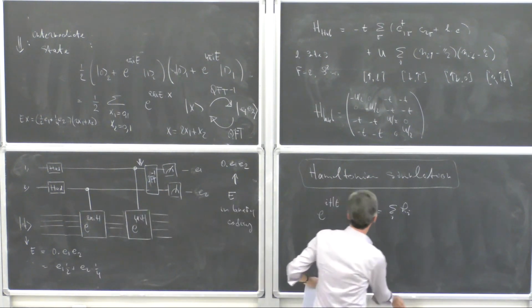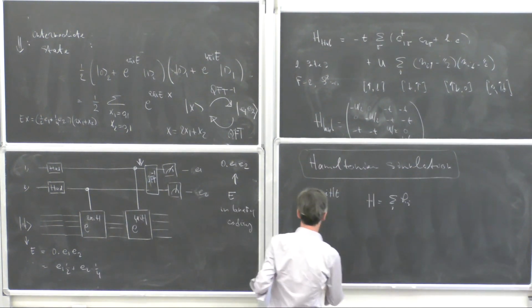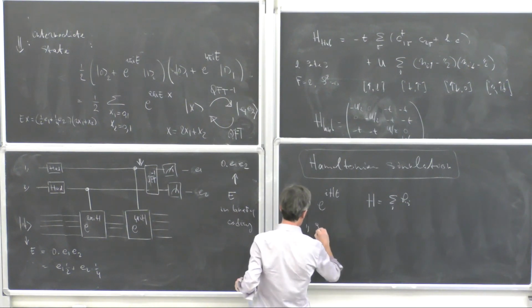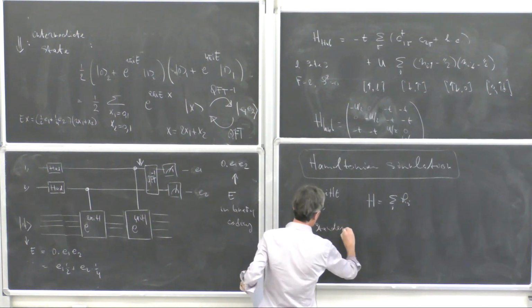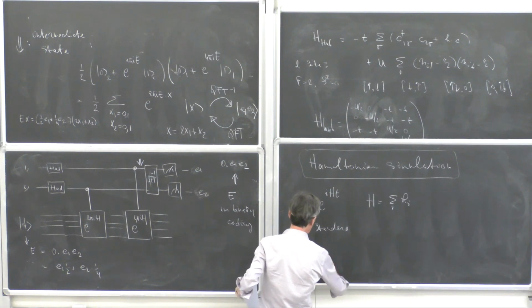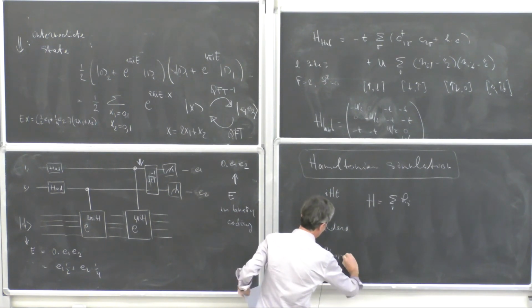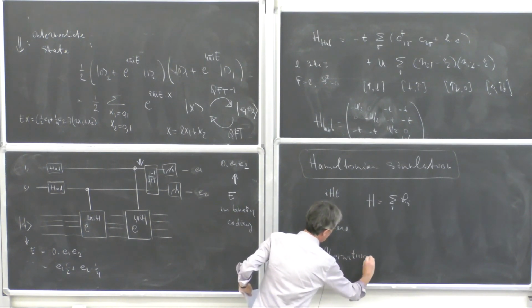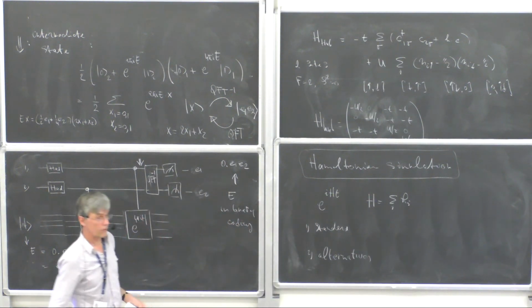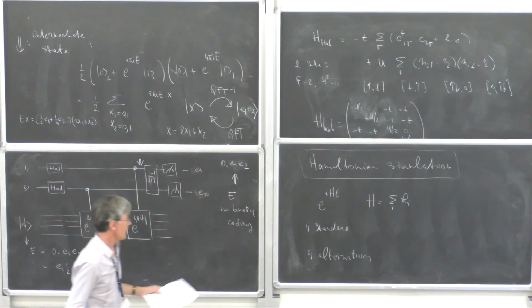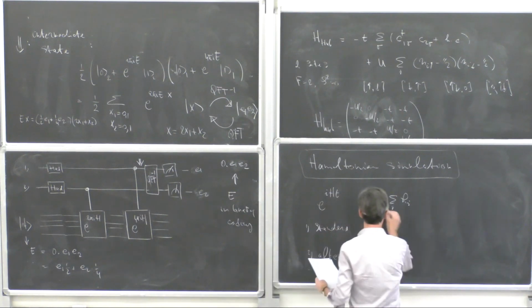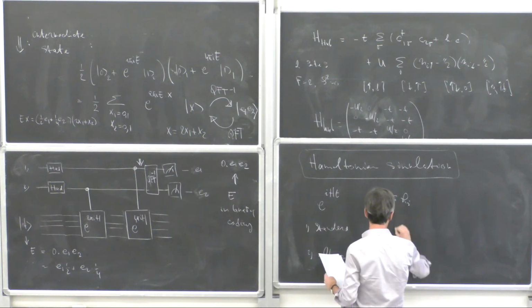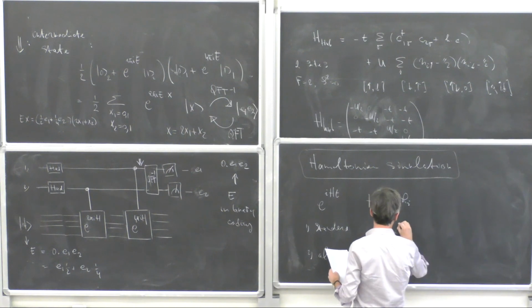Now, to handle this, I guess there's a standard approach, and there's all kind of alternatives. The standard way to do this is called Trotter, or Lie-Trotter-Suzuki. And that's this beautiful identity that, no matter what my H_i are, I can use the following.